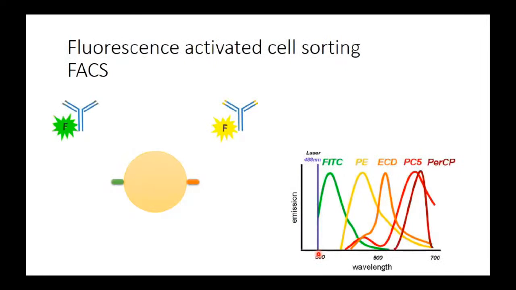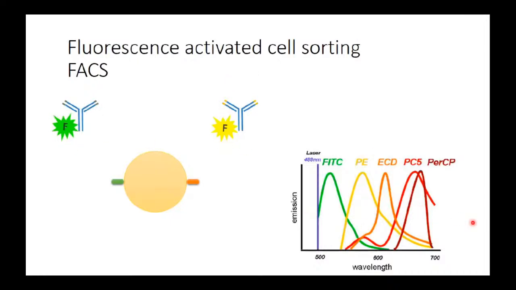Of course, I can also study two proteins, not only one. To study two proteins, I need two specific antibodies, because I need one specific antibody for each protein. But I need to label every antibody with a different fluorophore.